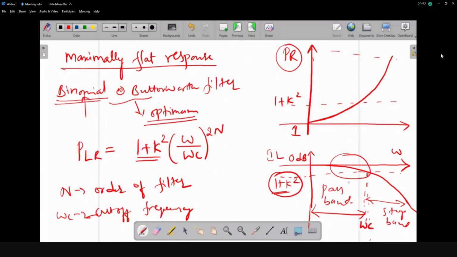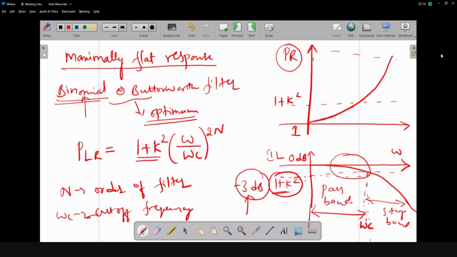Whenever we are exactly at the pass band edge omega c, this magnitude 1 plus k square, we generally take as minus 3 dB down. Whatever we have as maximum value 0 dB, we equate this 1 plus k square to minus 3 dB.